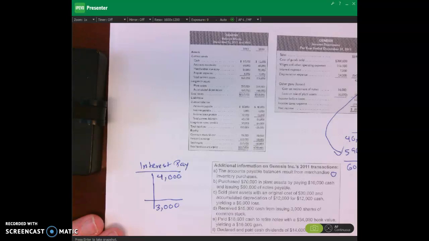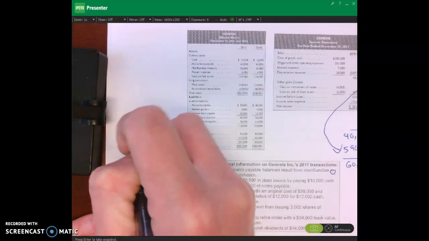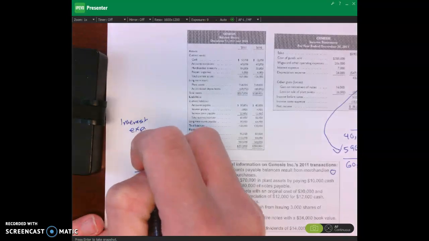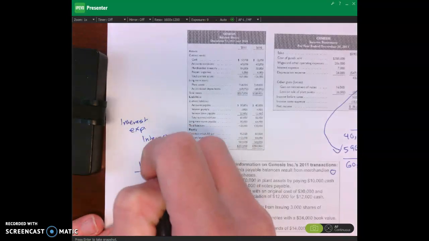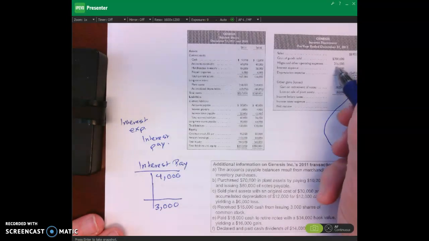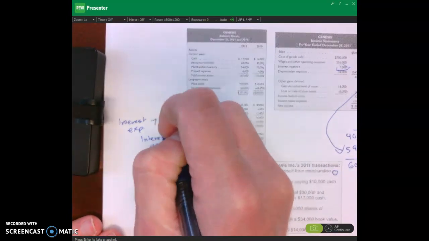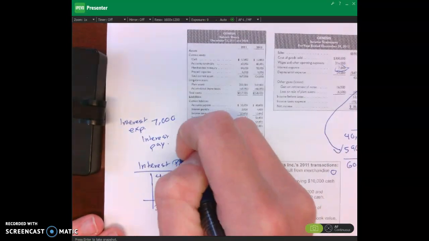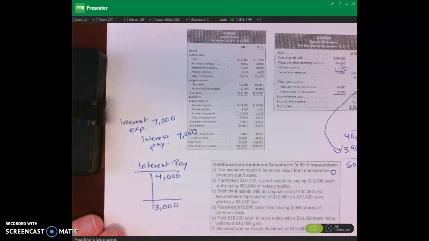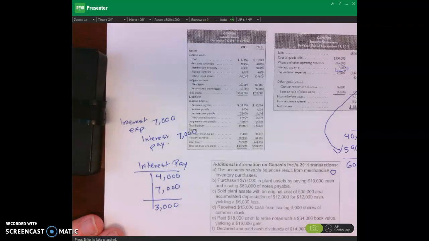The journal entry is debit interest expense, credit interest payable. If I want to find my debit to interest expense, I would find that on the income statement. That means I've got this $7,000, which is my credit to interest payable. So in terms of my T accounts, I could put that right there.